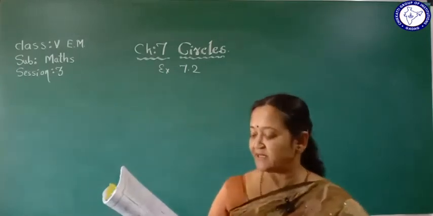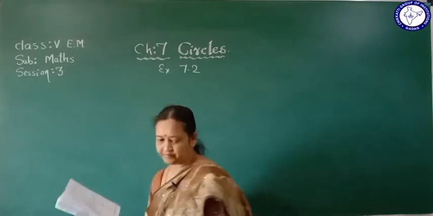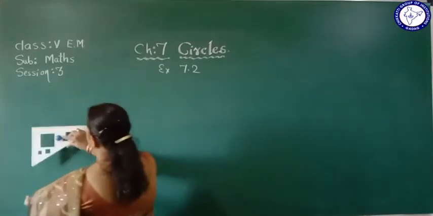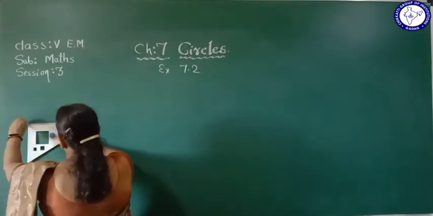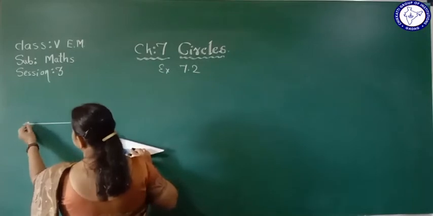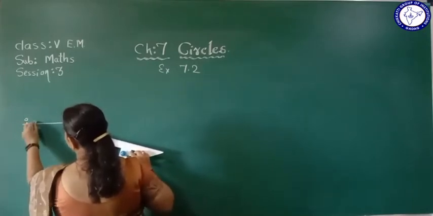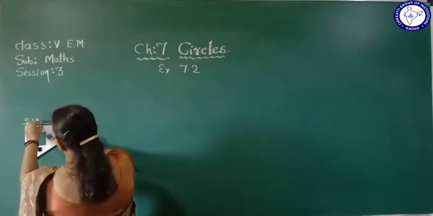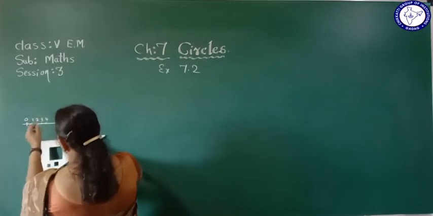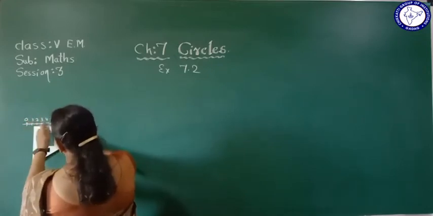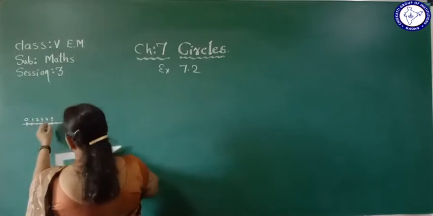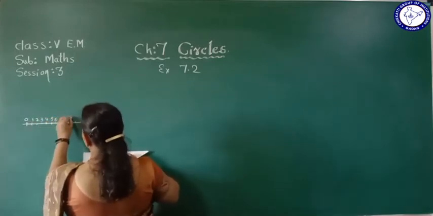So here, first figure, you can see the scale. It is told 6 centimeter. Here the scale is there, and from here 0, 1, 2, 3, 4, 5, 6, 7, 8, 9, 10.